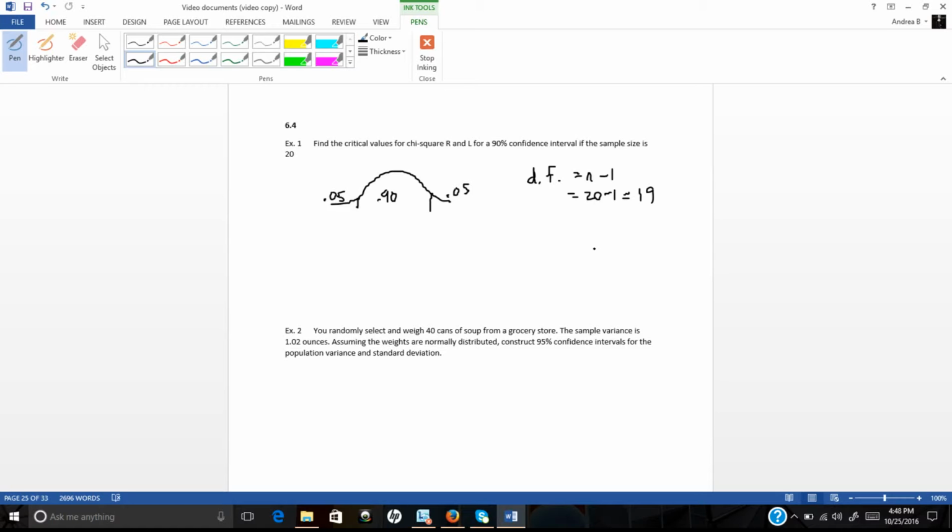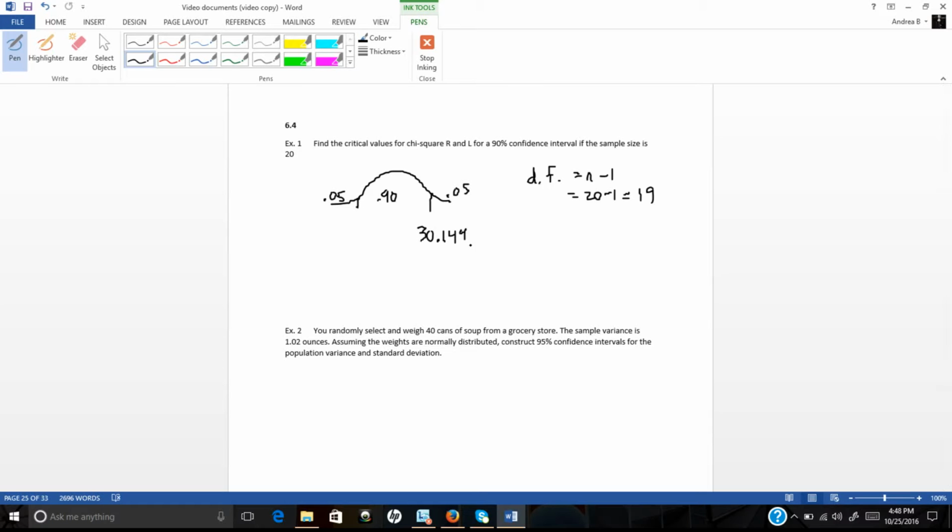So if we look at that, in this case we get 30.144, and that's actually going to be this upper value here, this 30.144.